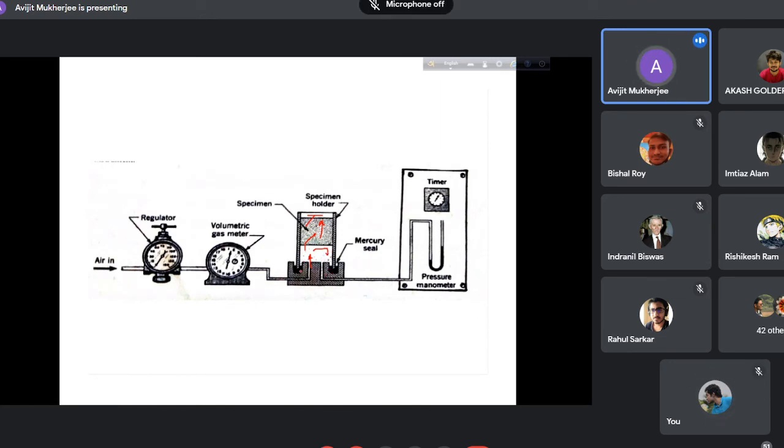But if these are open, say, some air will also leak from this space, then this will not give you the actual measure, because I am sending a measured amount of air, or atmospheric air may also enter. So how can you estimate? So leak is to be sealed, leak proof arrangement.